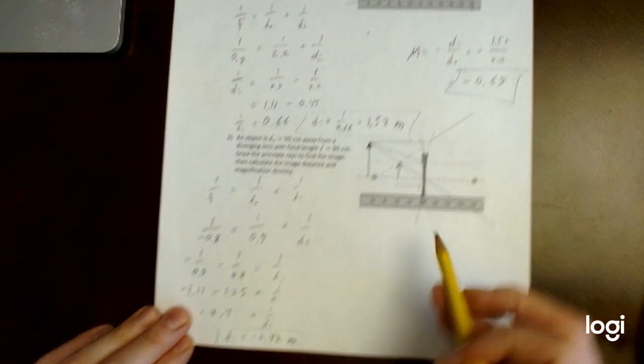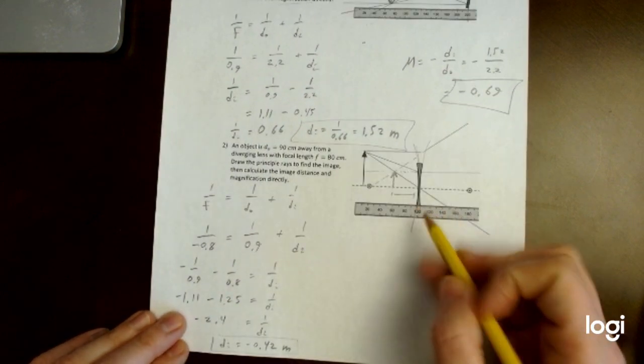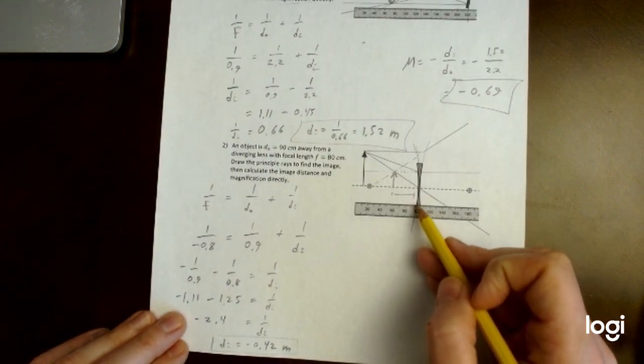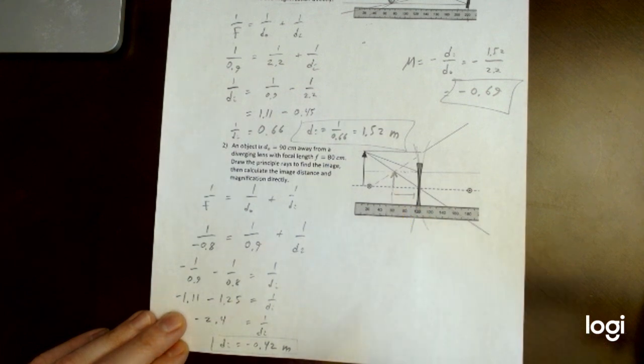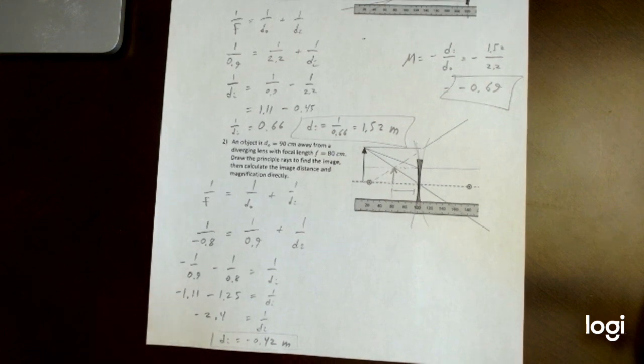And of course we could double check this here. Our lens is at about 100 centimeters, so we would have to go back about 60. Yeah, so we're at about 58 centimeters where that image formed. So that matches up very well.